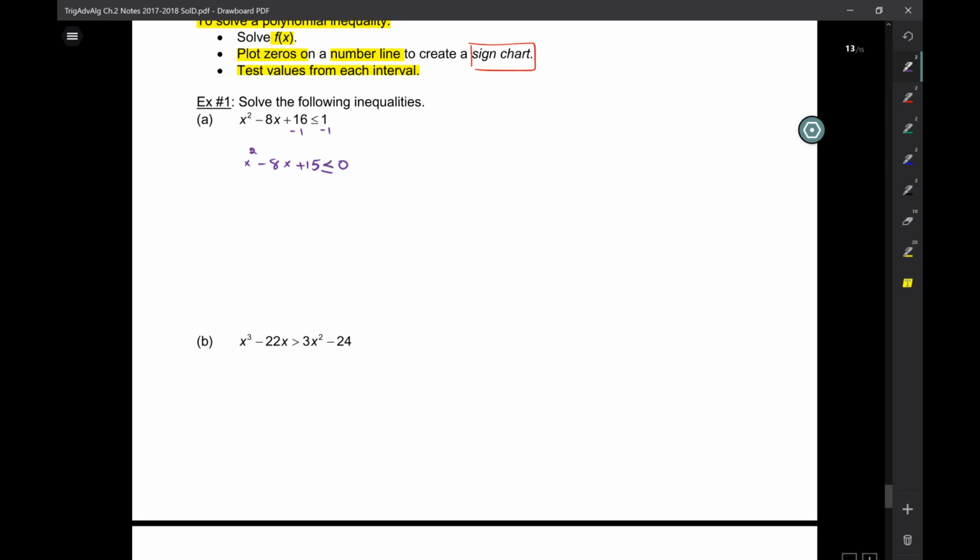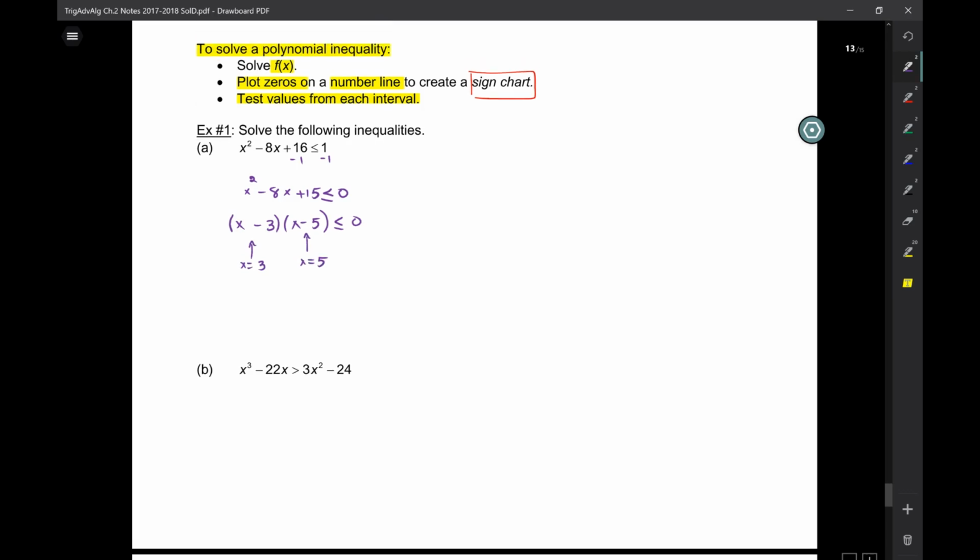We're experts at factoring. How does that factor? Fantastic. So from that, we get x equals 3 and x equals 5. So that was step 1. We solved f of x. Step 2 is plot zeros on a number line to create a sign chart.